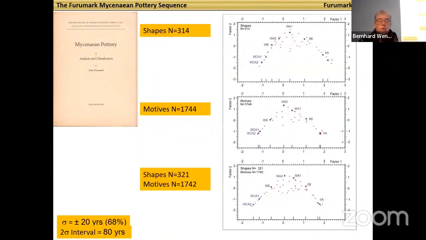And these are now the correspondence analyses, the results. At the top, 314 shapes, you can see the development 1, 2A, 2B, 3A, 1, and so it works. Okay, just about, yeah. Then we have the motives, separately, 1744, which is completely redundant, because it's a very, very loose, low density table.